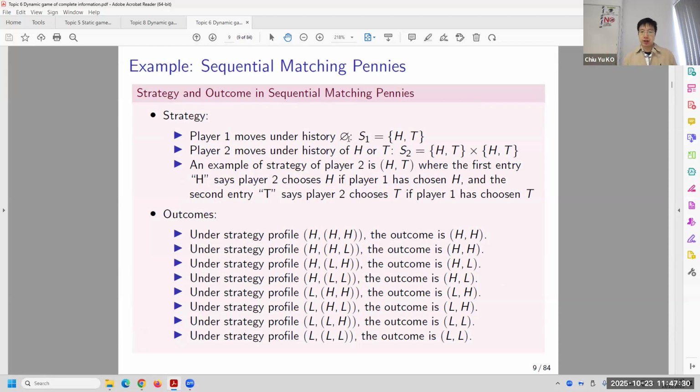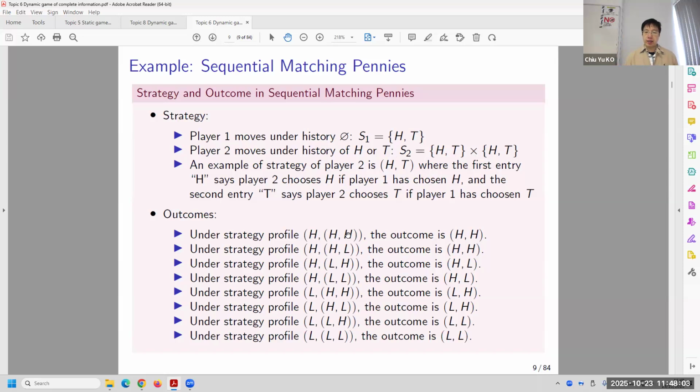Player one only moves under history 0, and the only choices are H and T. Player two has 2 histories in which he can move, so he has to specify what he does in 2 different histories. That's why it's a Cartesian product of the 2 things. So a strategy is not just 1 choice but 2. It will be HH, HT, TT, and TH.